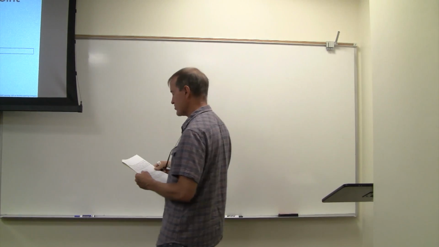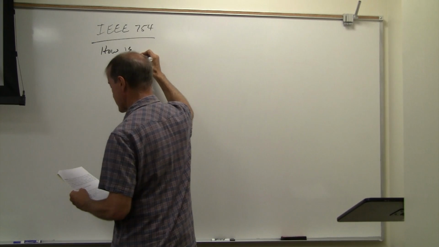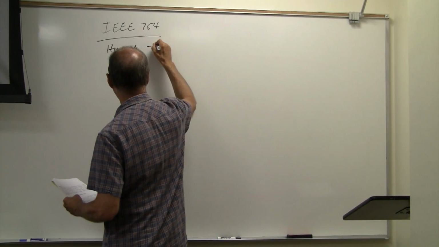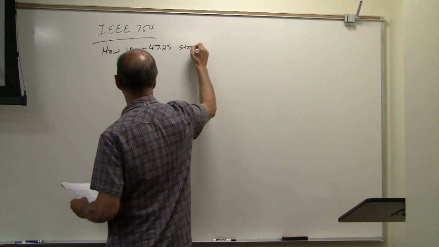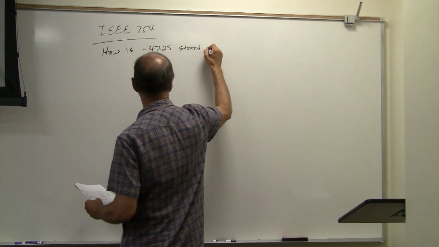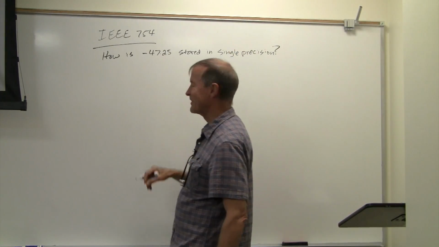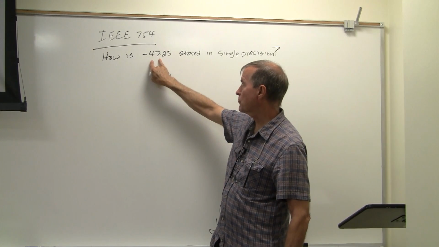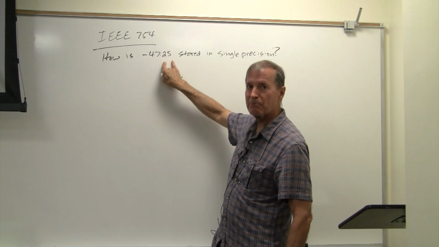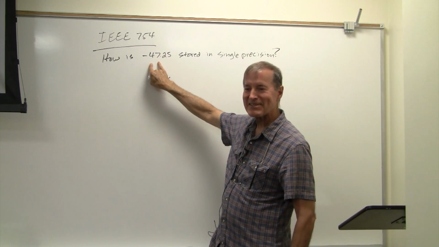The question is, how is negative 47.25 stored in single precision? We have to do this in several parts. First we've got to do the 47, then we've got to do the 0.25. Now 47, do you know what 47 is in binary offhand?